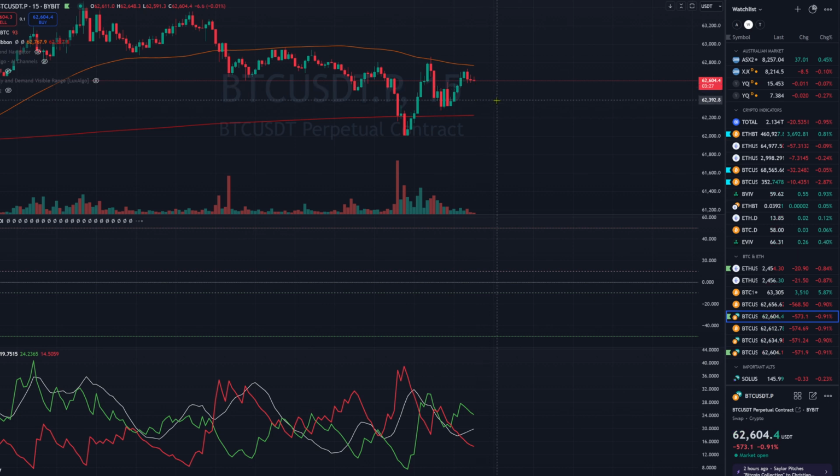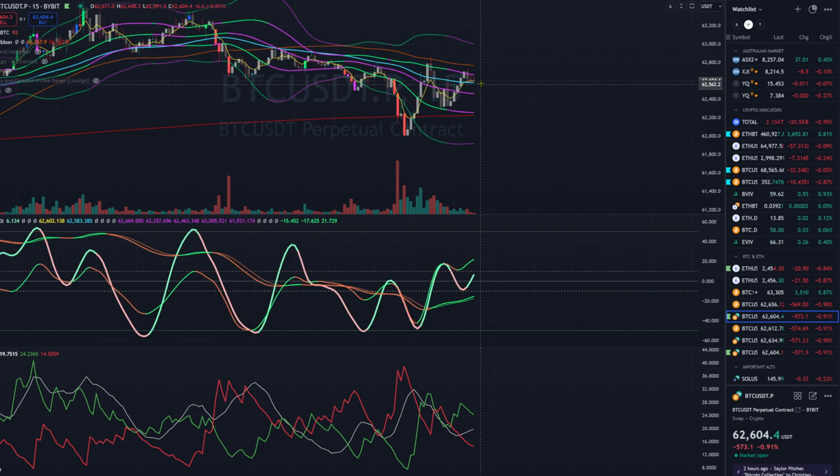Yeah, okay. No, we could go back down. It's just the 15 minutes still postured to the upside. Kind of need this to roll over, which it might do actually. Not yet, but one more 15-minute candle to the downside, and I'd say that probably will start to trend down.